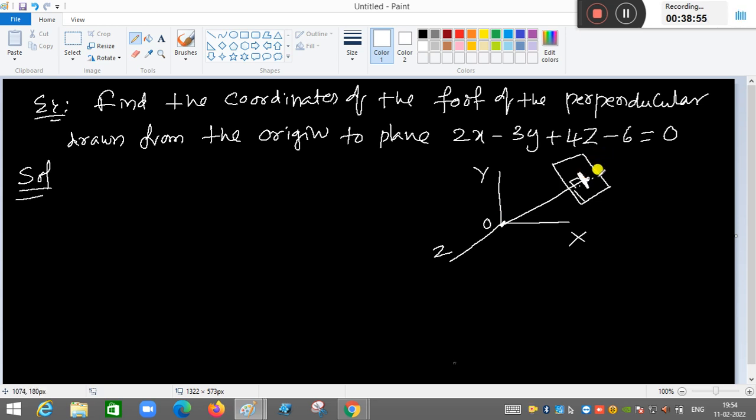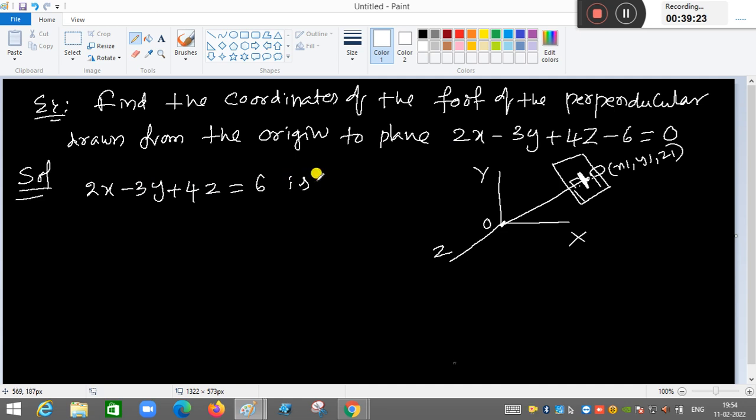So that point we write as P(x1, y1, z1). This we have to find, the foot of the perpendicular. See, this equation, what it gives: 2x minus 3y plus 4z equal to 6.